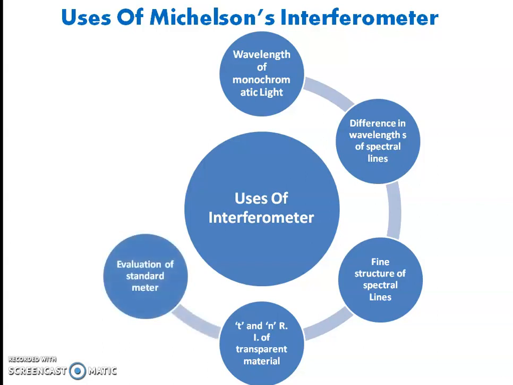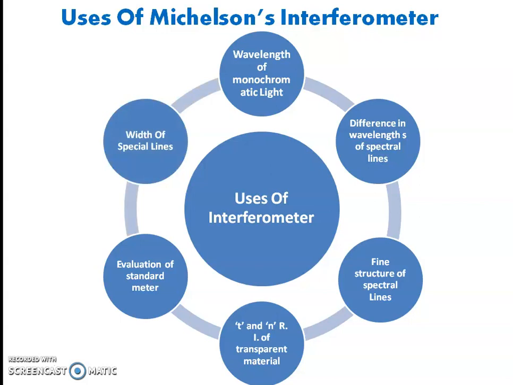Michelson's interferometer is also used to evaluate the standard meter. That is, measurement of a standard meter in terms of standard wavelength is done. Michelson determined the number of times the wavelength of monochromatic light, like cadmium red, blue, green, was contained in a standard meter. So for that purpose also Michelson's interferometer can be used.